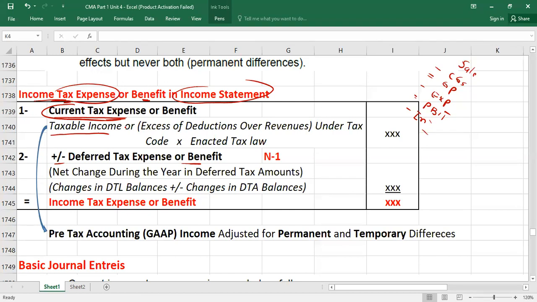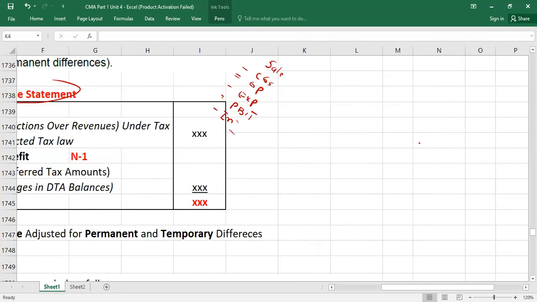Let me give you a brief overview of how it is calculated. We always take profit before tax from the income statement, and then we adjust this profit as per tax law.